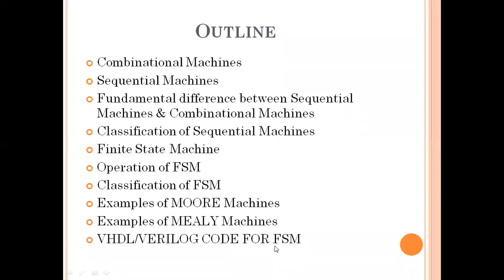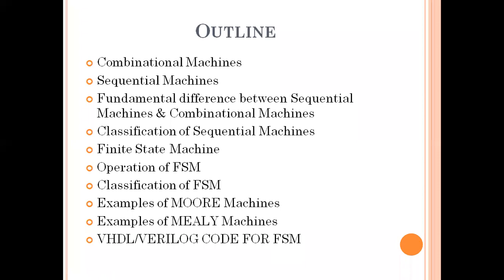In comparison, the property of sequential machines is that a feedback path exists, right? The system must have at least one feedback path from the memory element to the system input.